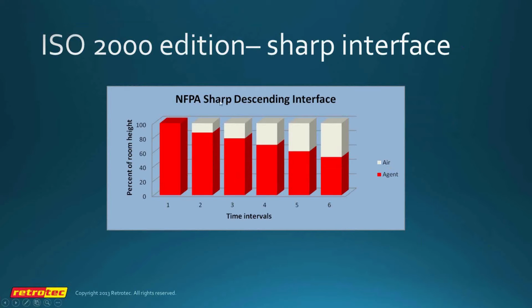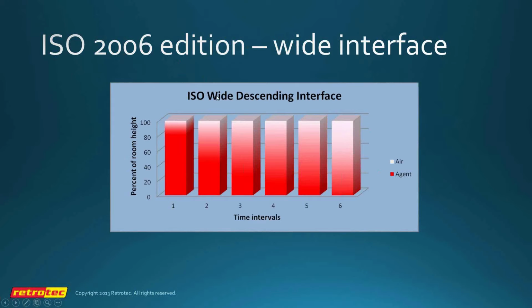So this is what we call the NFPA Sharp Descending Interface. The 2000 version of ISO used this. They then changed it to what they call the ISO wide interface, which, as you can see here, starts at time interval 1, 2, 3, it could be minutes or whatever, and the concentration goes through an increasingly wider and wider gradient.